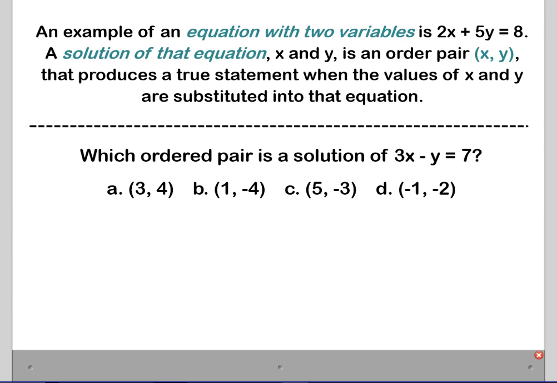So we are going to plug in my x value and my y value of my first option here, 3, 4, into this equation. So I'm going to go 3 times 3 because I have 3x, minus 4 because that would be your y, equals 7.